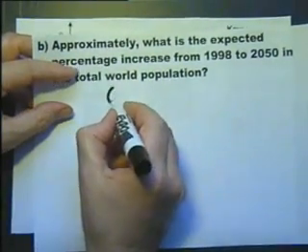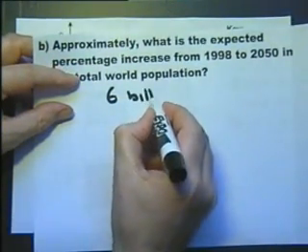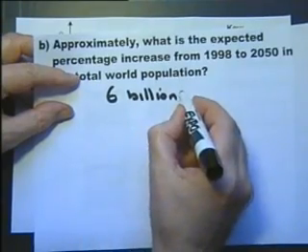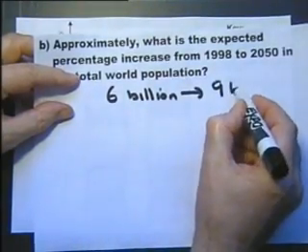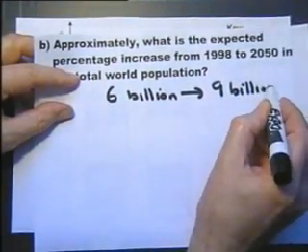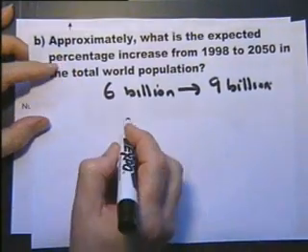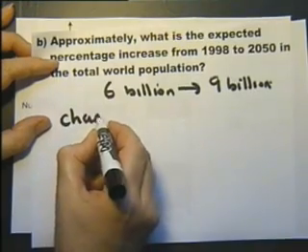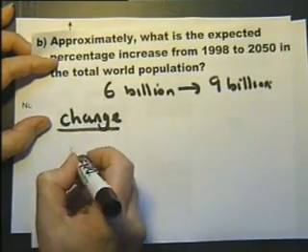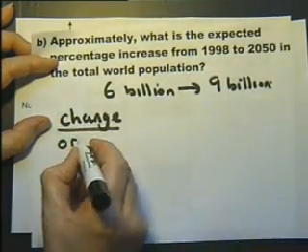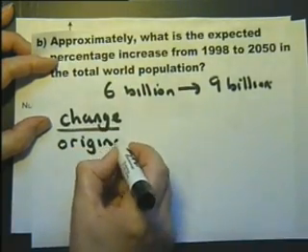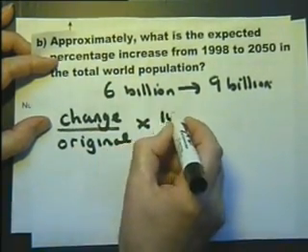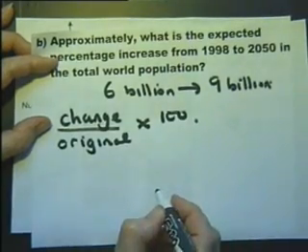So 6 billion people in 1998 changing to 9 billion people in 2050. If we're asked to work out a percentage increase or decrease, we're talking about a percentage change. So we put the change over the original and multiply by 100, and that will work out the percentage change.